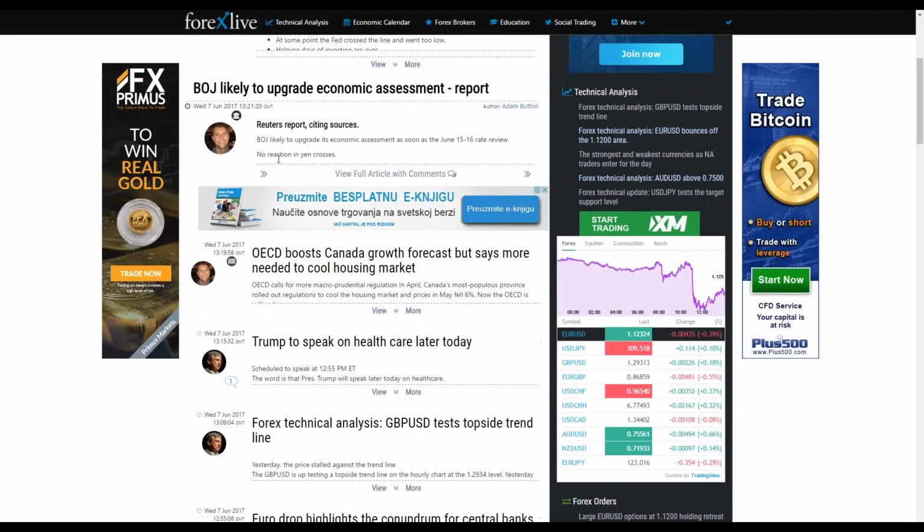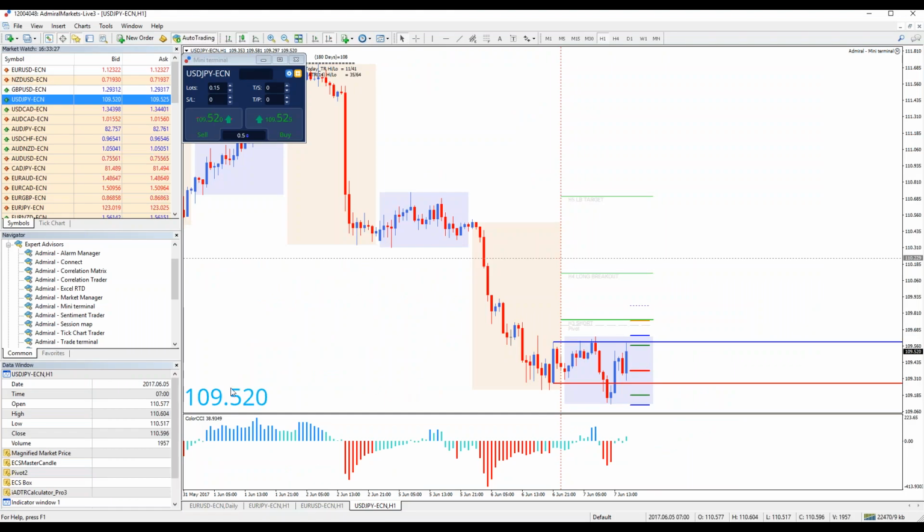This was unexpected news, but I also told you to scale out, and we had one profitable trade. It's still good because of the volatility and because of the UK snap elections. Well, 5 pips or 10 pips, it's better than nothing, and it's always much better than having a loss.